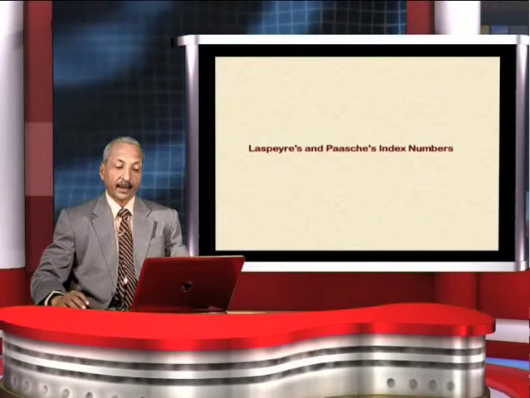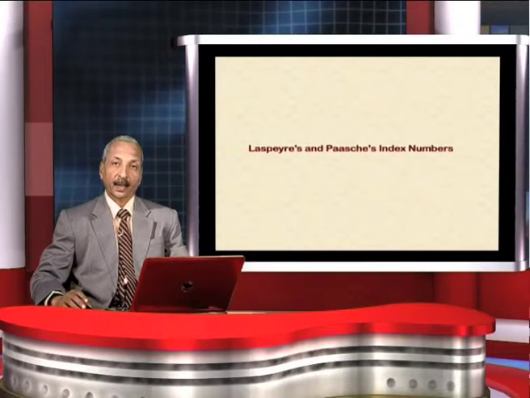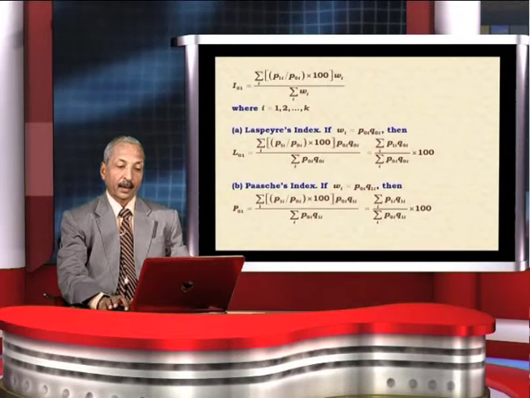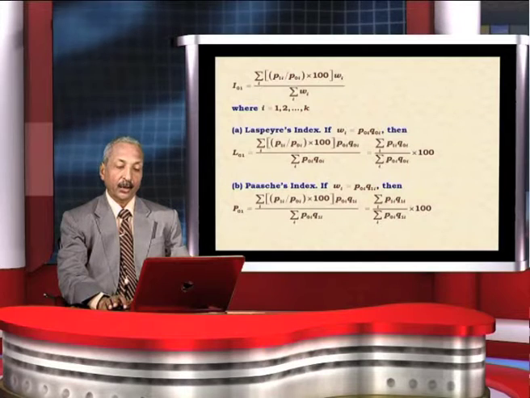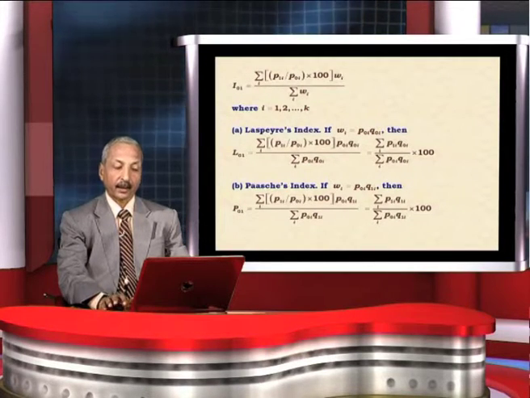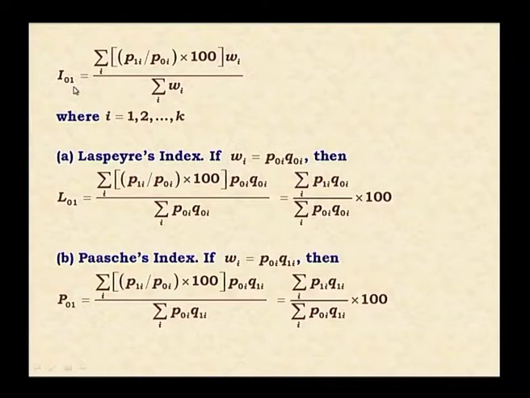Now, first we shall discuss Laspeyres and Paasche's index numbers and see how these index numbers are constructed. First we shall discuss in general how a weighted index number can be constructed. Look at this formula: we denote the index number by I01.